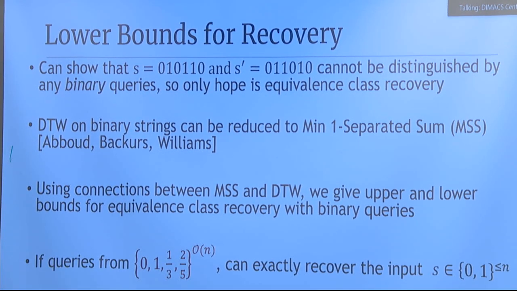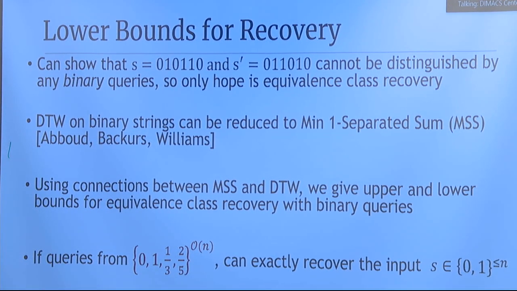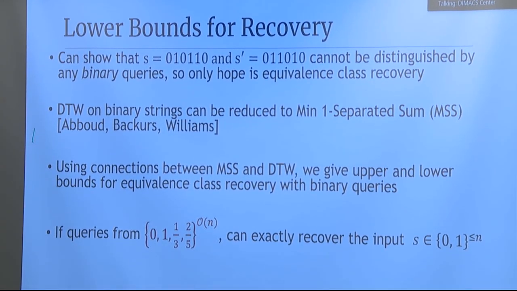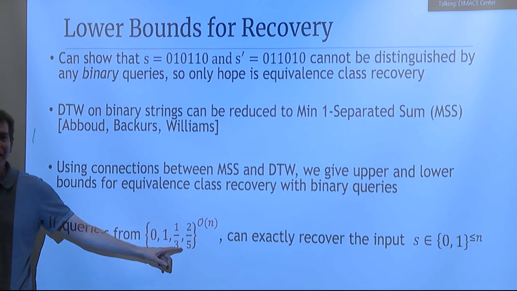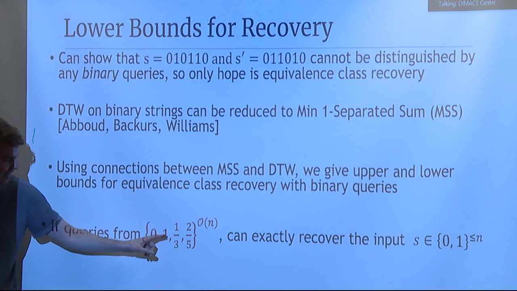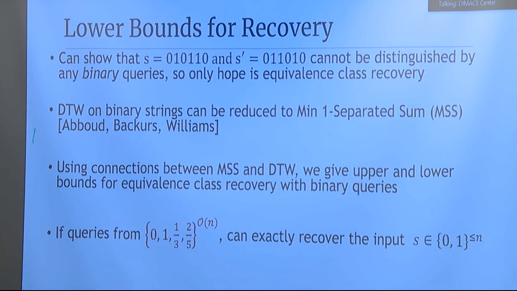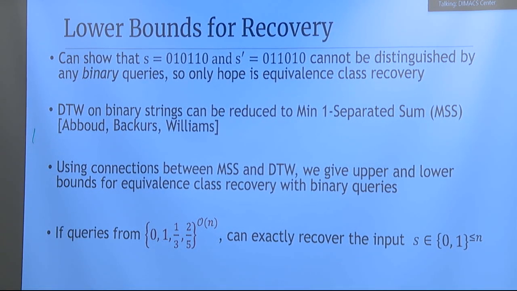Something maybe more interesting, though, is that if you extend the alphabet, instead of only having binary queries, if you allow your alphabet to have 2 extra symbols, we have some conditions on these symbols, but here's an instantiation that works, 1/3 and 2/5, and the length is order n instead of exactly n. Then you can actually recover the secret, not just some equivalence class.